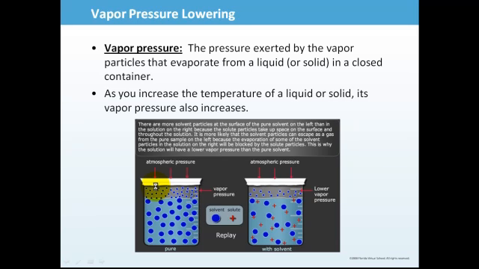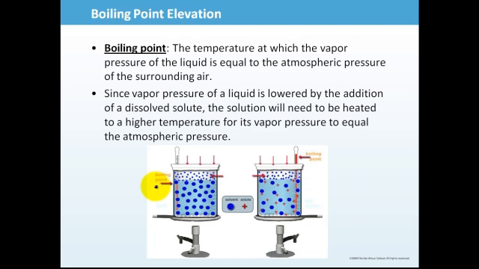The second one actually ties into the vapor pressure one, and that is boiling point elevation. So again, let's first define boiling point. Boiling point is simply the temperature at which the vapor pressure of the liquid is equal to the atmospheric pressure of the surrounding air.